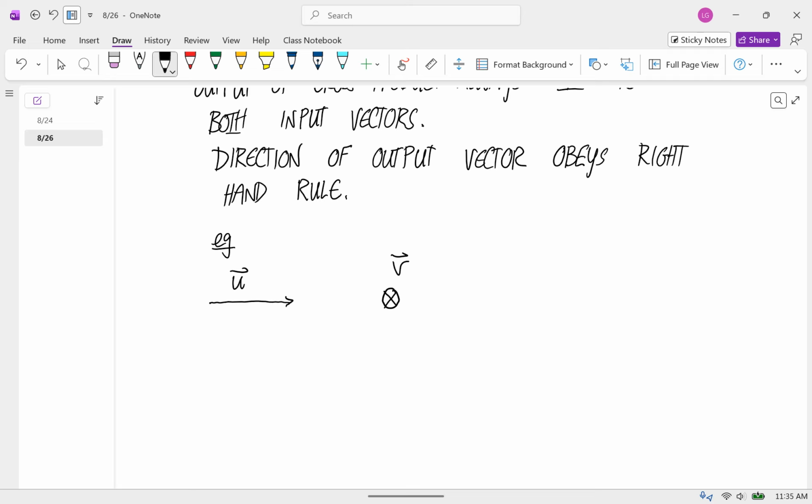Pretend your fingers can only go one way. So I'm going to put my hand to start this direction, so that I can curl my fingers to go into the page. And once your hand is in that correct orientation, your thumb tells you the direction of the cross product.